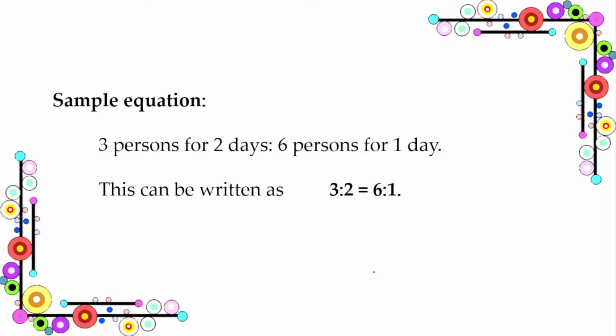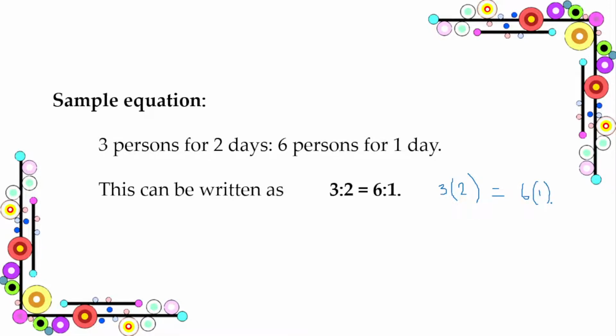So this can be written as 3 is to 2 equals 6 is to 1. So if you use the formula for the inverse, we have 3 times 2 equals 6 times 1. Okay?